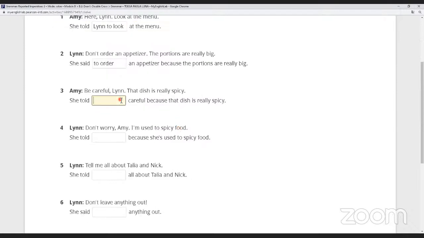About number 3? Be careful, Lynn. That dish is really spicy. She told Lynn to be careful because that dish is really spicy.